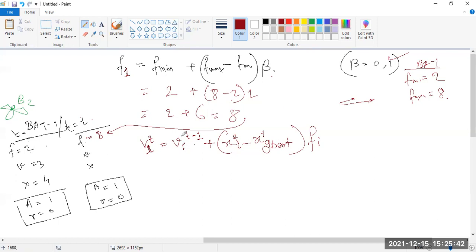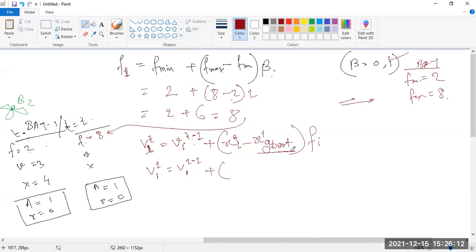The updated velocity V_1^t: for the first time, t is 1, and t minus 1 is 0. So the first initial velocity is 3. You can see this is V_1 for bat 1, with t equal to 1 minus 1, giving 0.